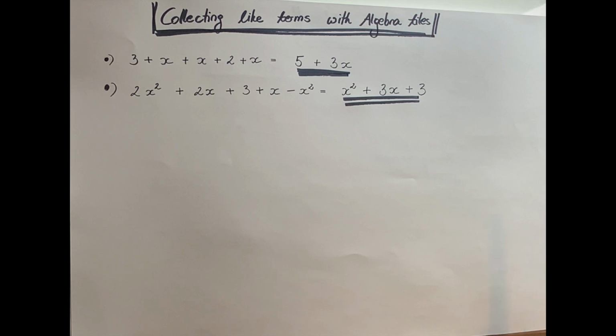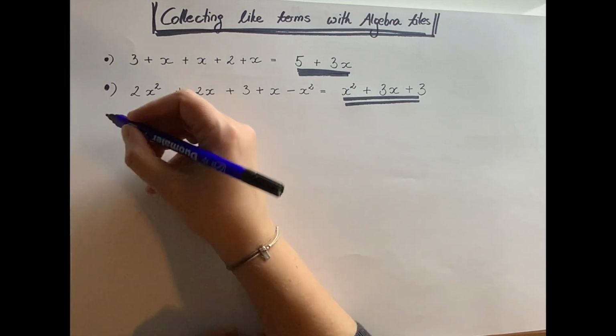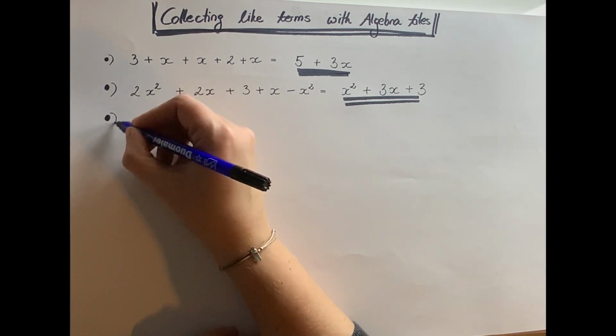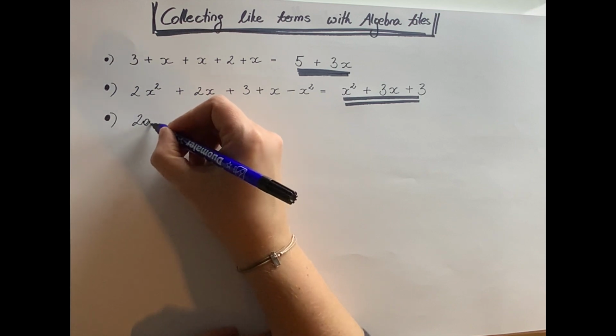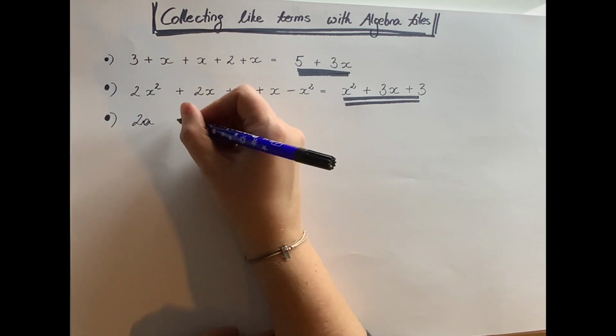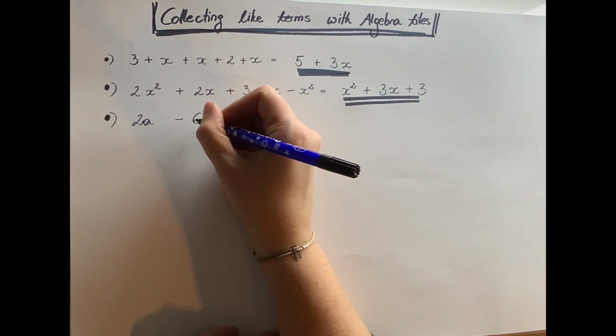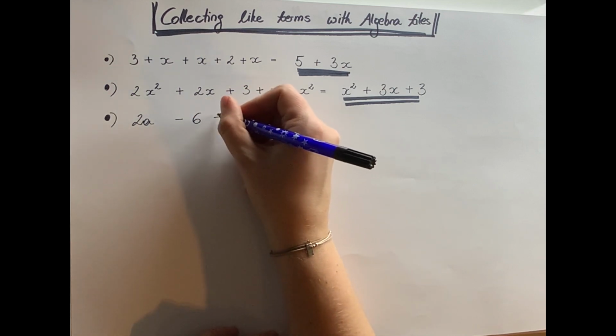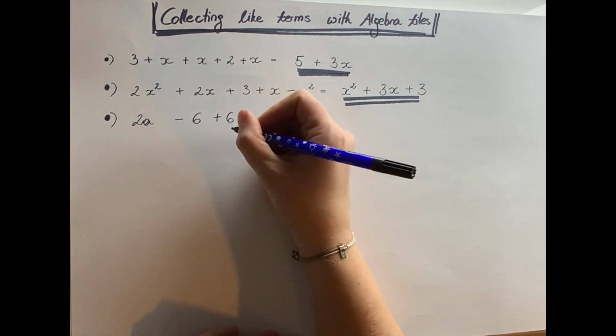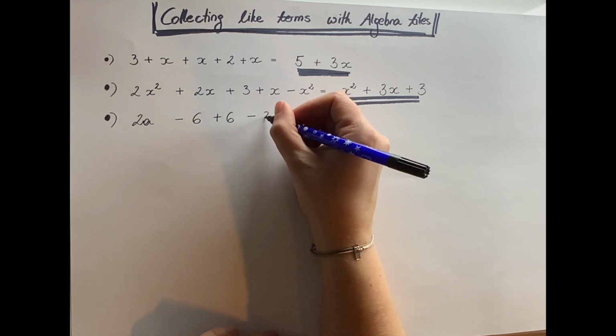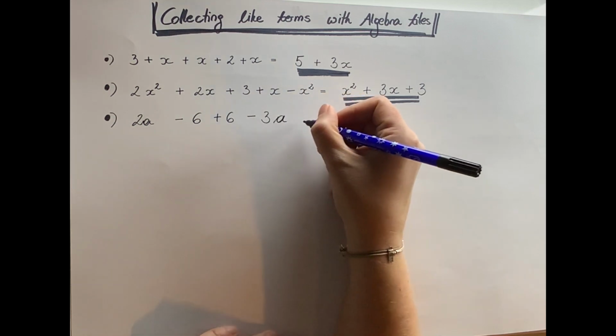So what about if we have, let's say, 2a minus 6 plus 6 minus 3a.